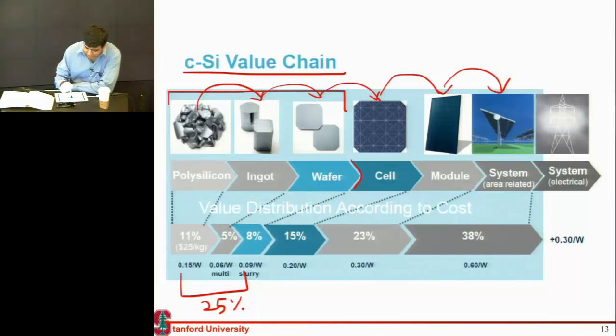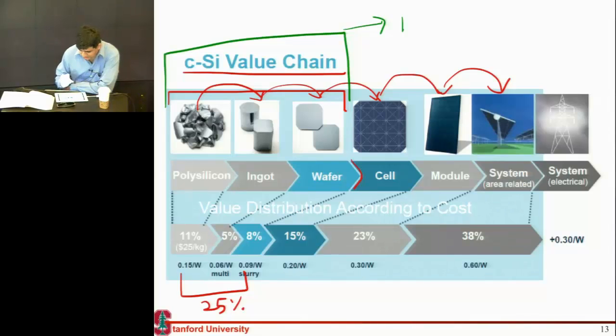So this got a lot of people interested back in the 2007, 2008 time frame, especially when the polysilicon prices were still high. And people were trying different approaches to still get a high quality crystal, but at a lower price.